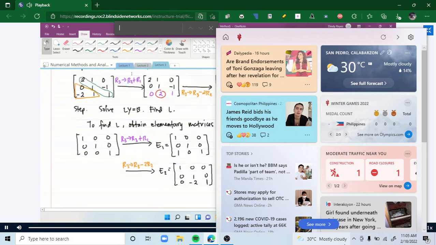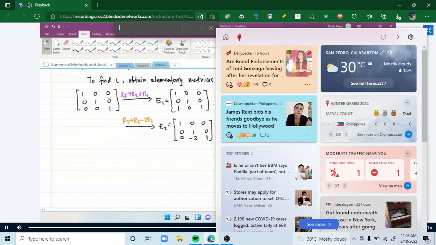We only use 2 elementary row operations to obtain U, no? So we only have 2 corresponding elementary matrices. Now, each of these elementary matrices has its inverse: the inverse of elementary matrix 1 and the inverse of elementary matrix 2.